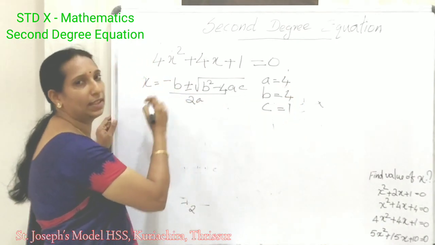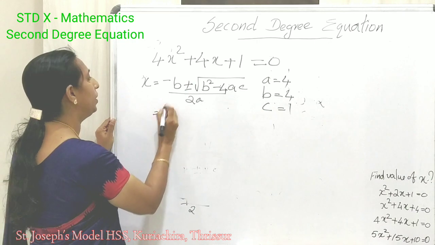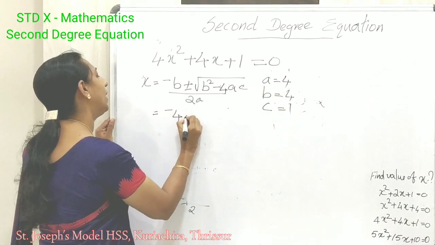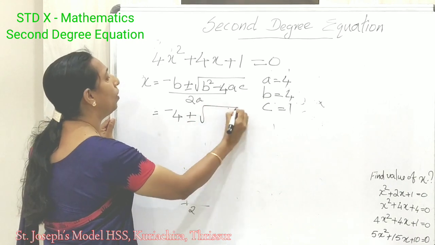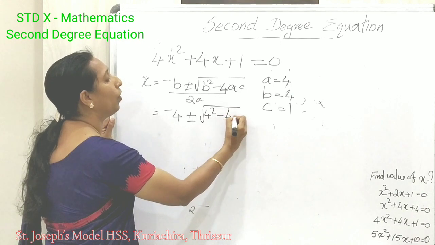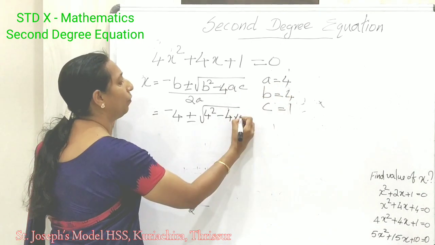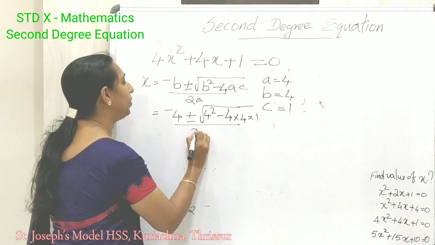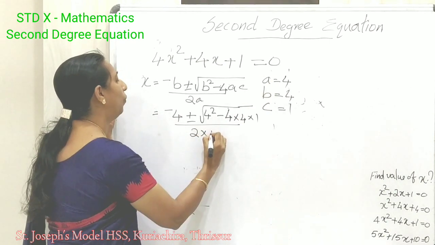Substituting these values in this equation, then that is equal to minus b. What is the value for b? 4, plus or minus root of b square, that is 4 square, minus 4 into, what is the value for a? Here 4 into c, 1. All divided by 2a, that is 2 into 4.